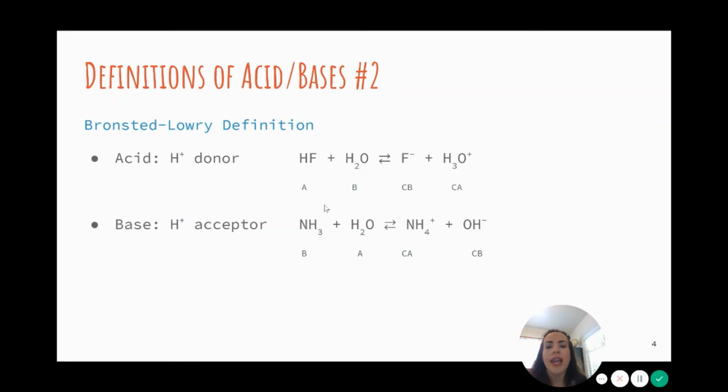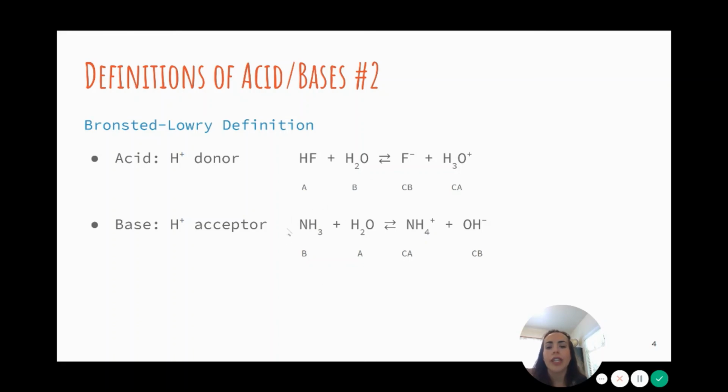If this is an acid, water, therefore, is accepting the proton, and so water right here is actually acting as a base, and what it turns into is a conjugate acid. And because it has that extra proton, it can act as an acid right here. So we can see that it's going back and forth. An acid will always have a conjugate base, and a base will always have a conjugate acid.